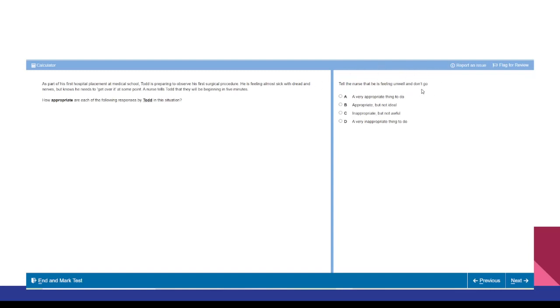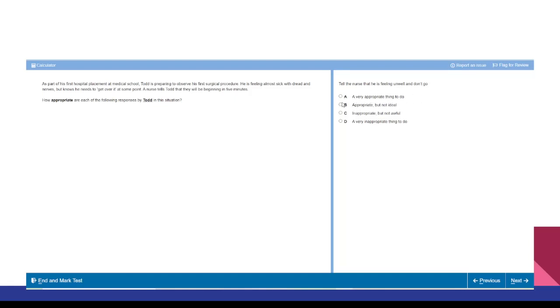However, not going is definitely not the right thing to do. He should be there, and as he knows that he has to get over it at some point, it is not ideal for him to not go. However, him telling his feelings is probably one of the most appropriate things to do.